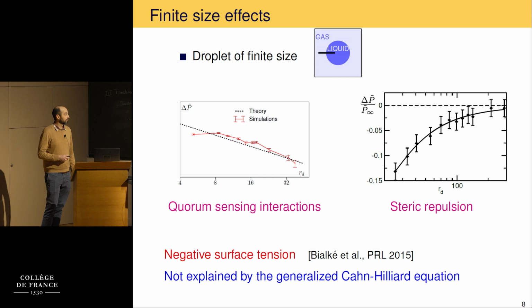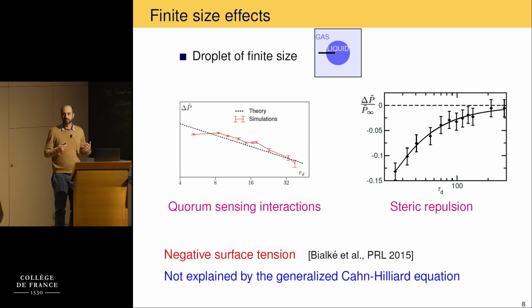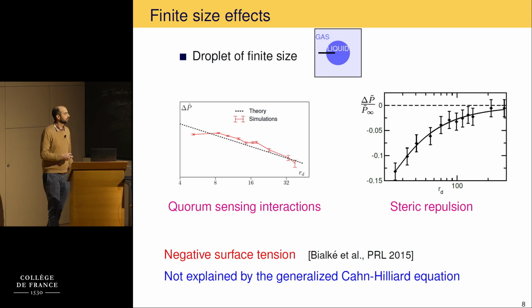And they call that a negative surface tension. So you should not have the thermodynamic interpretation of surface tension, that interfaces will proliferate. We just want to say that this Laplace pressure is negative, so it corresponds to a negative surface tension in that sense.